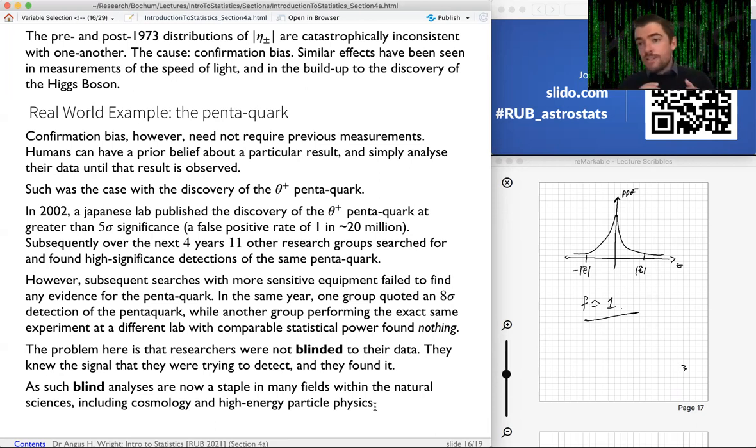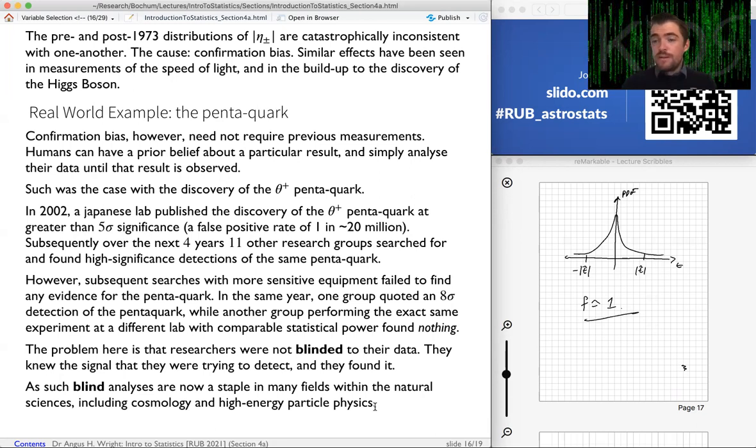And only once the methods are frozen is the data unblinded, basically converted back to its true form, and the analysis is run. Parameters are inferred, like the value of the Hubble constant or the value of the matter density parameter in cosmology, or whether or not there is a theta plus pentaquark at a particular energy level.